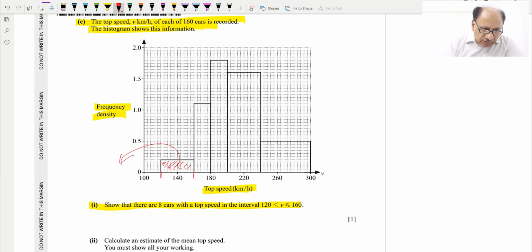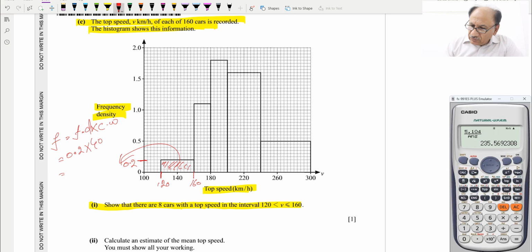So this histogram we will be calculating. We know frequency is equal to frequency density into class width, and the frequency density for this one is what? This is like 0.2, we can take this as 0.2. So 0.2 multiplied by class width, 120 to 160 will be 40, so multiplied by 40 will be 8.